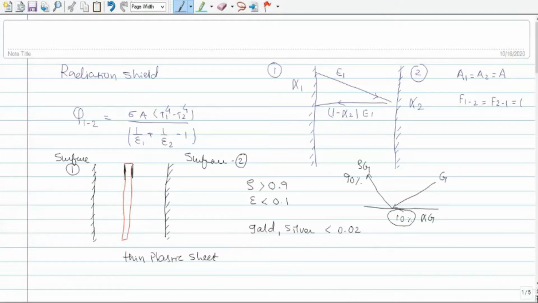Now we are going for the analysis. So we have two cases. I discussed case 1: the heat is transferred between the two surfaces. This is surface 1 and this is surface 2.